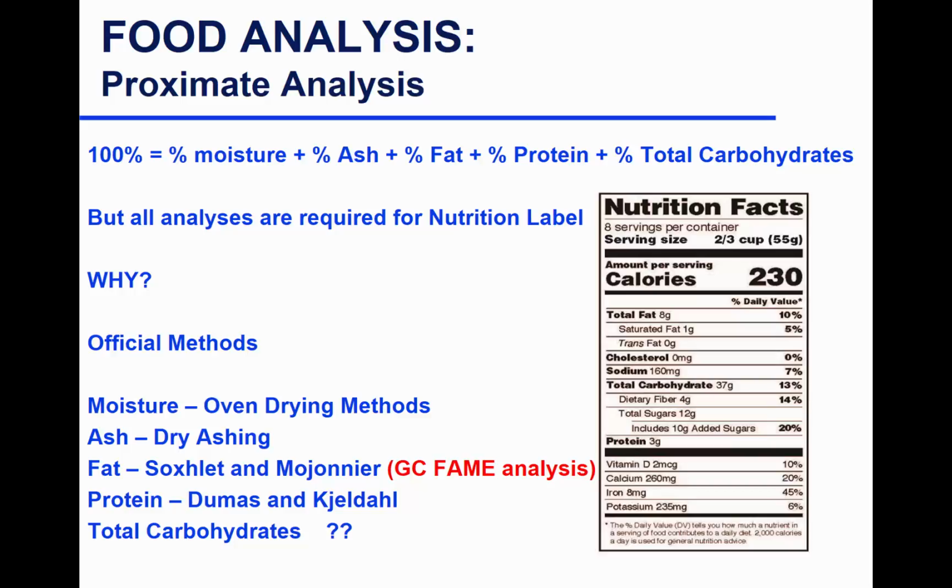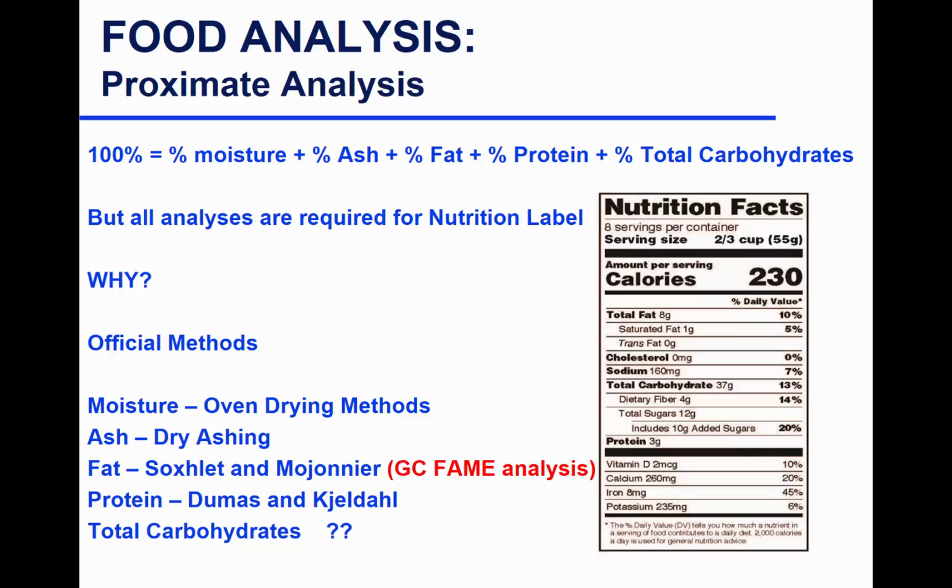All right, so in order to use the values for nutrition label, we already know by now that you have to use official methods of analysis. For different food products, moisture content is determined by official methods using oven methods, either the vacuum oven or the forced draft oven.